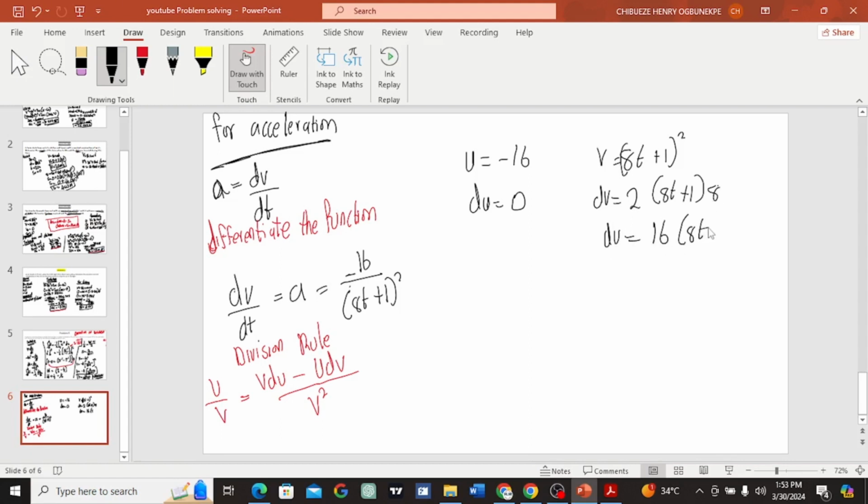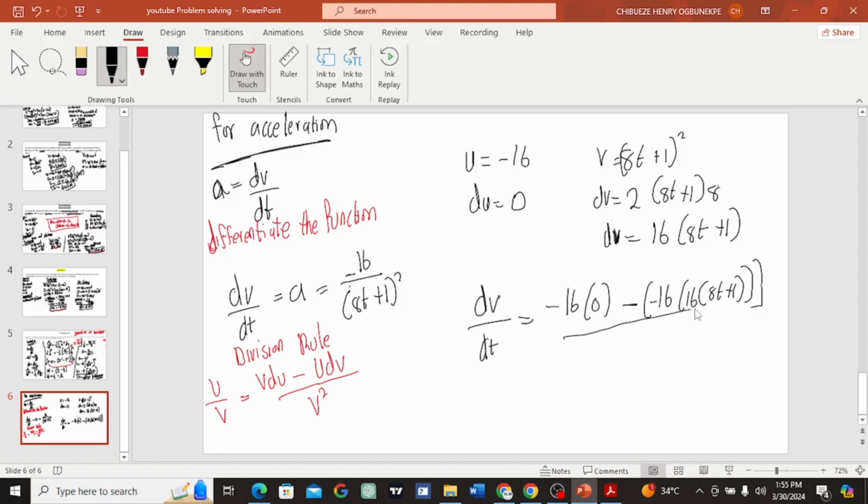So dv over dt equals, our u is negative 16, du is 0, minus u, negative 16, and our dv, 16 open bracket 8t plus 1 close bracket, all over our v squared, which is 8t plus 1 squared.